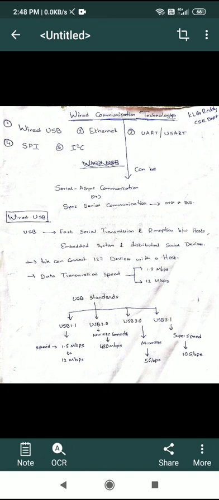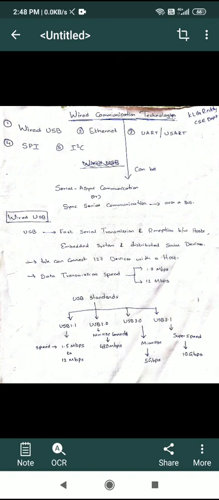The first one is the most familiar, wired USB, and the second one is Ethernet. The third one is UART or USART, the next one is SPI, and the last one is I2C.